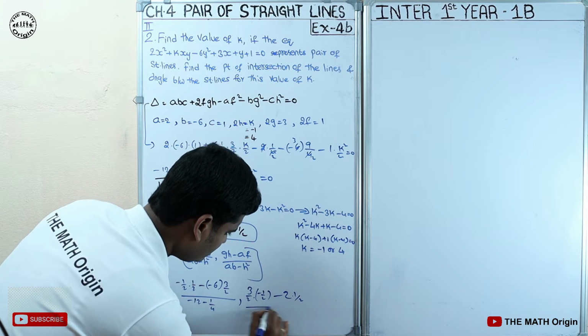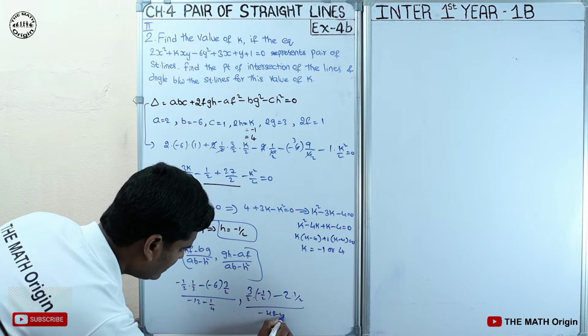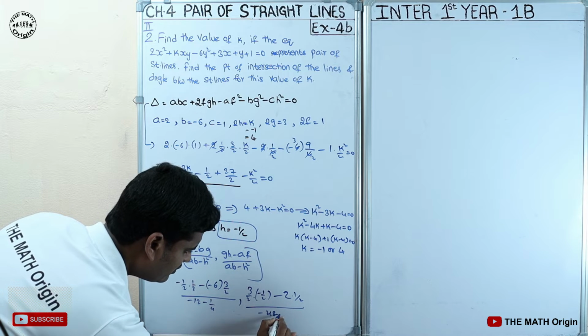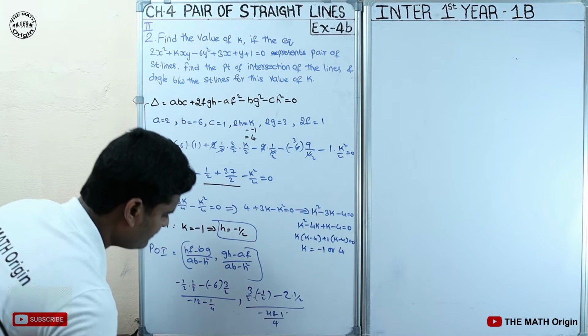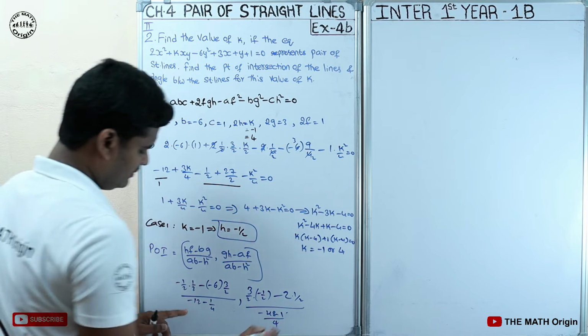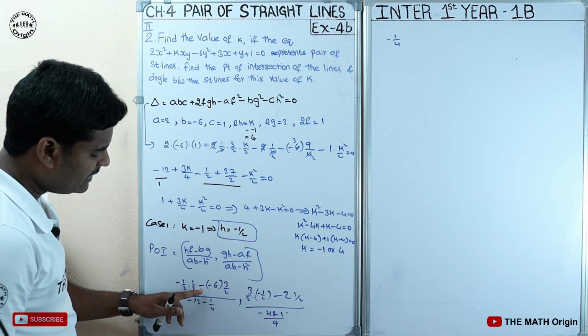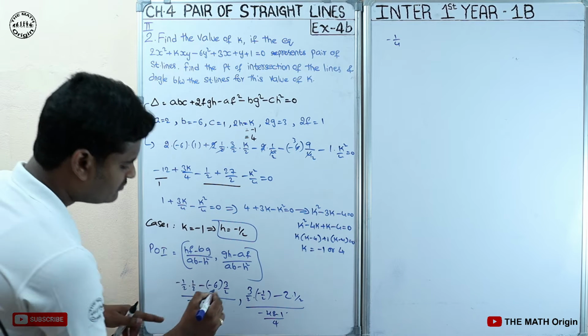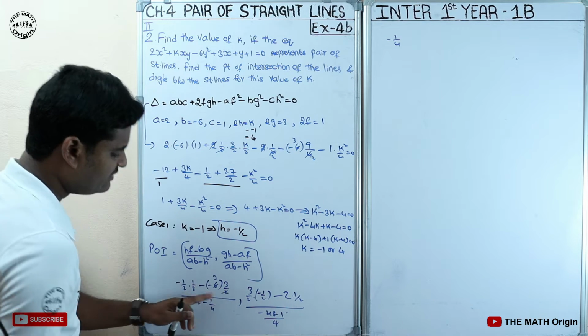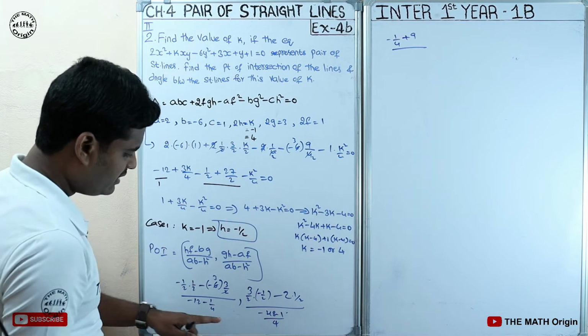1/2 whole divided by the same ab minus h square, which is -12, 4 the 48 minus 1 by whole divided by 4. Now from this, if you see, -1/4 is the value, and minus of minus plus 2 1s are 2, 3s are plus 9, whole divided by the same value.